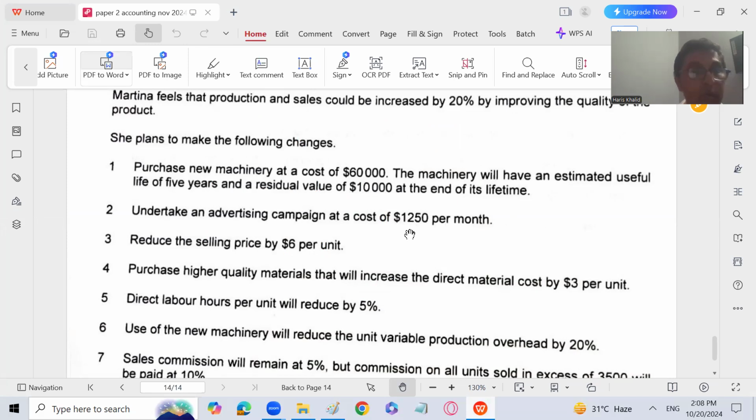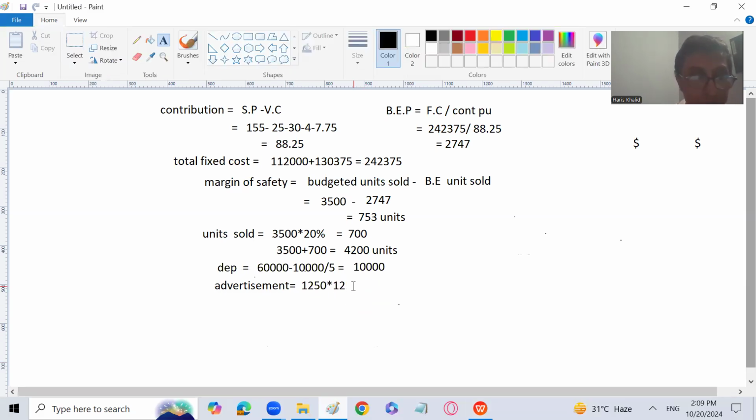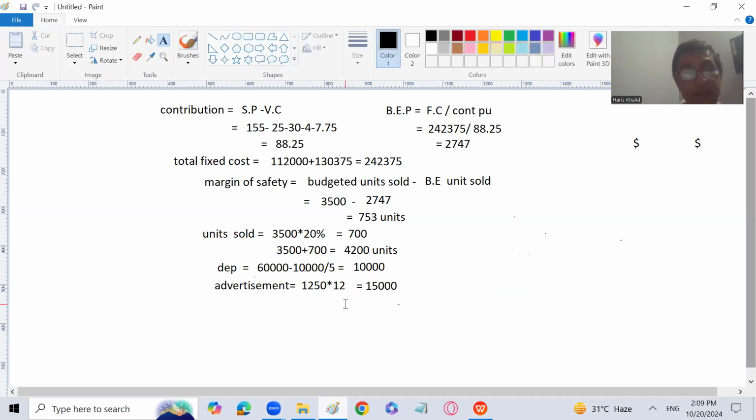So we are going to calculate the advertisement cost annually, that is 1,250 per month multiplied by 12. We will get the amount of the annual advertisement cost. So let me calculate it. 1,250 into 12, that is 15,000. Fixed cost is going to be increased by 25,000 in total because of depreciation and advertisement.